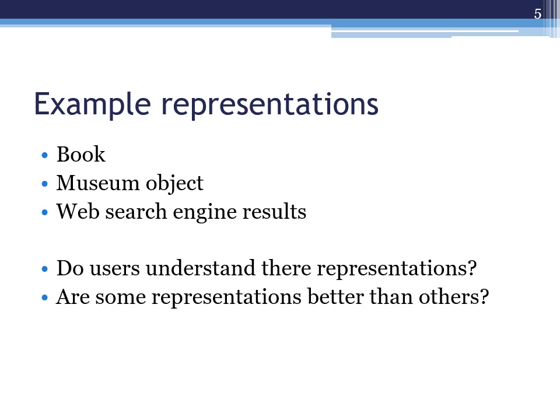For example, a description of a book from a catalog, or an object from a museum, and a search result from web search engines. We need to clarify: do users understand these representations? And also, are some representations better than others? We are not talking about the interface design, but what is behind the interface. We are talking about the representations from the system for the object. Okay.